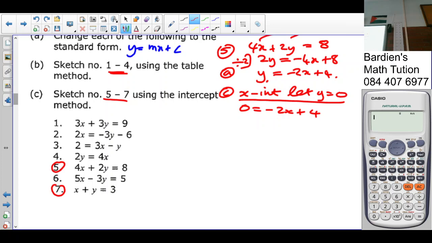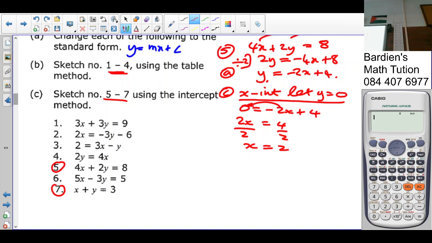Why do we let y equal to 0 when you work out your x-intercept? Who can tell me? For our x-intercept, that means the graph is going to cut your x-axis. Why do we let y equal to 0?